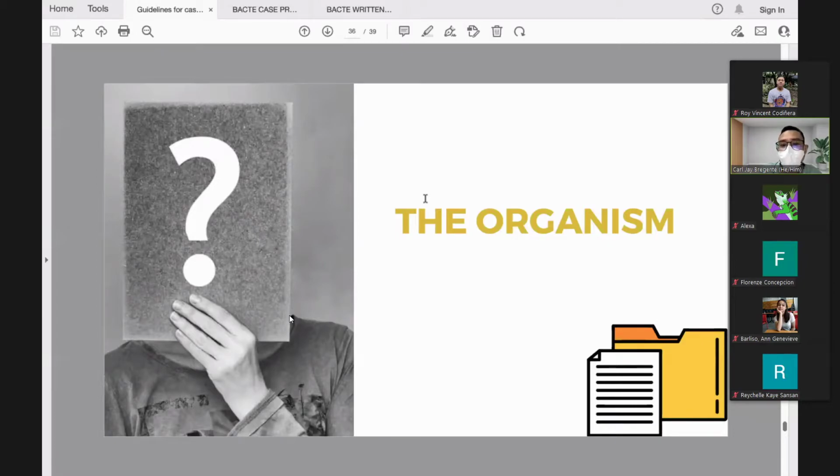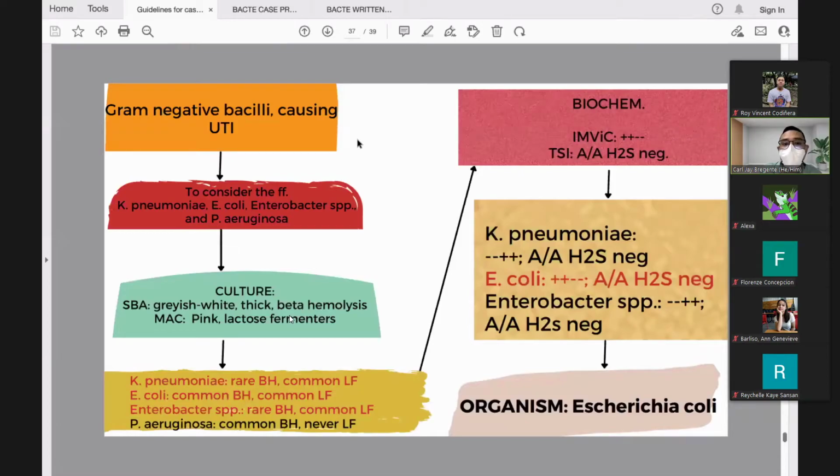You try to consider different organisms. In your case, you are given gram-negative bacilli causing UTI. So you identify what are the possible gram-negative organisms that can cause UTI. Here, you can consider Klebsiella pneumoniae, E. coli, Enterobacter species, and even Pseudomonas aeruginosa. Okay?